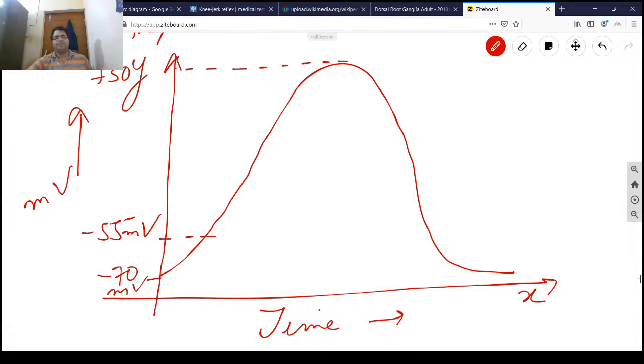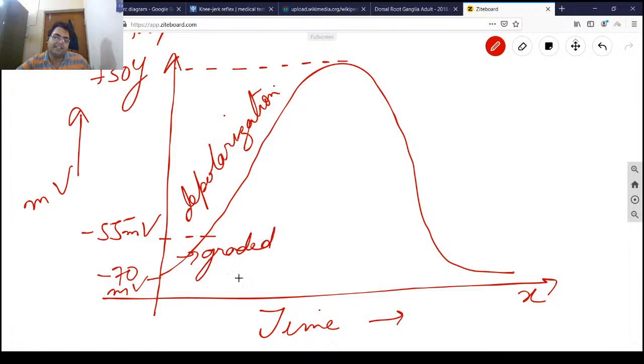So the thing is, without depolarization, this is the graded potential which is reached after the ligand gated sodium ion channels are activated by the binding of acetylcholine or glutamate or aspartate, right?